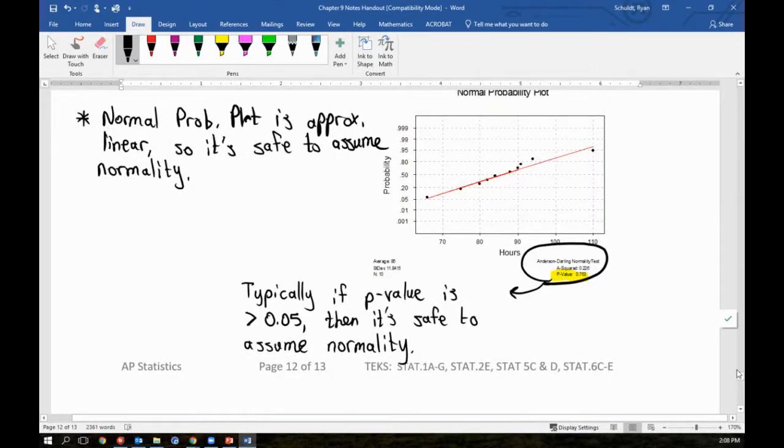Now that we know it's normal, I guess our third condition, do we know sigma for this one? No. So we meet the requirements for a confidence interval using the t-distribution. Okay, let's do our calculation now.